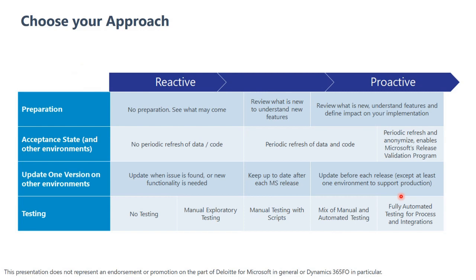As you know, the issue today is the integration part. It means that using RSAT, you can test more or less everything in F&O, but you can't test something that is external, like customer engagement, like a legacy system or something like that.